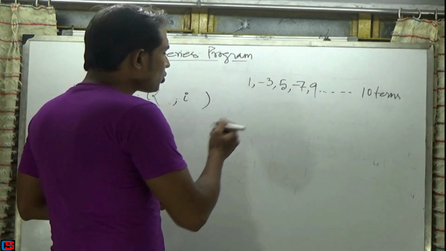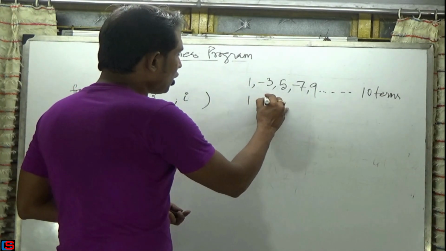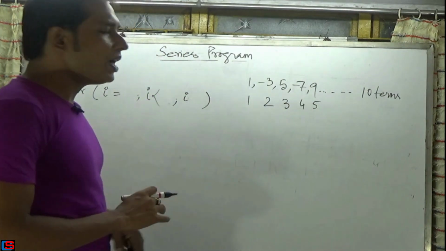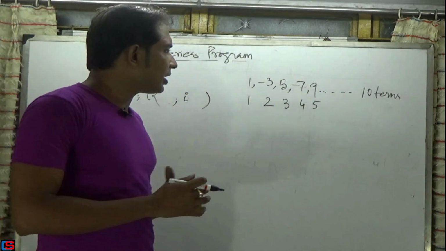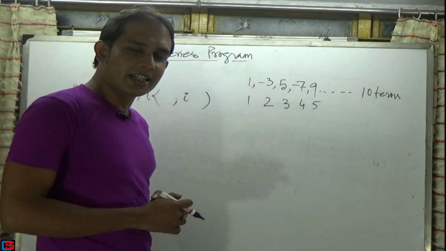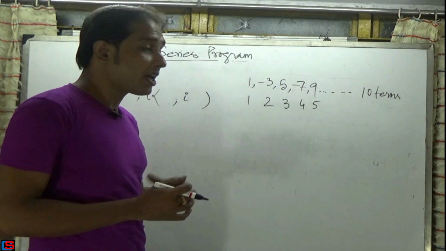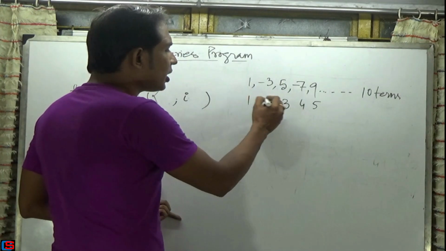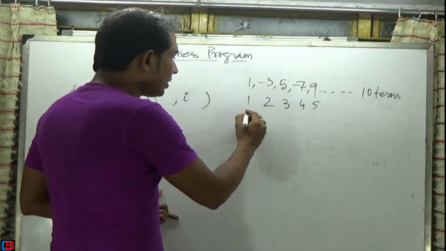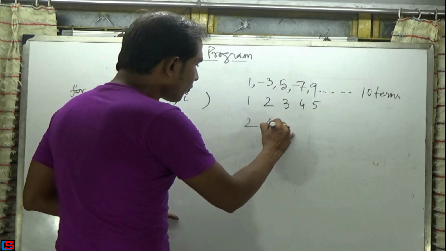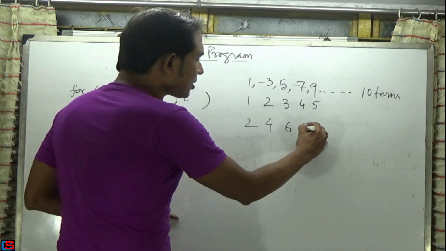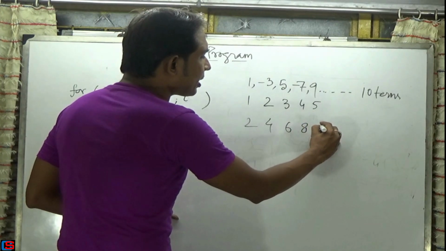Suppose I write the position of the individual numbers 1, 2, 3, 4, 5 like the previous way, then it can be generated. Yes. How? Suppose I multiply each position by 2, then it becomes 2, 4, 6, 8, 10.